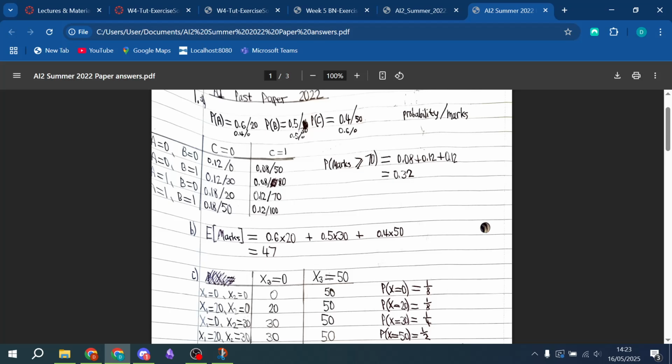Because if you get something else, that's going to give you more marks, so A won't be the maximum. And the probability of that is 0.12. It's the same, I believe. Is it? No, it's not the same. I was reading the wrong row. It's 0.18. Yeah, 0.18.